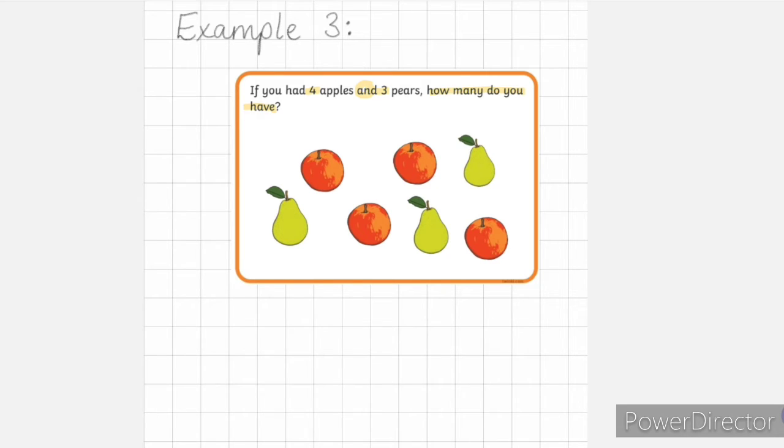So this is what lets us know it's an adding sum. So we're going to write down 4 add 3, because we've got 4 apples and 3 pears. How many do we have? 4 add 3 equals 1, 2, 3, 4, 5, 6, 7.